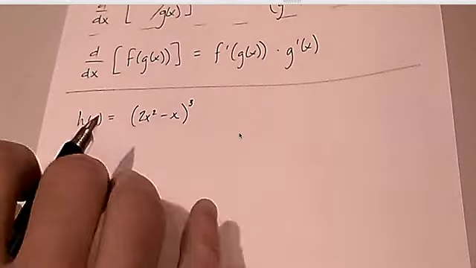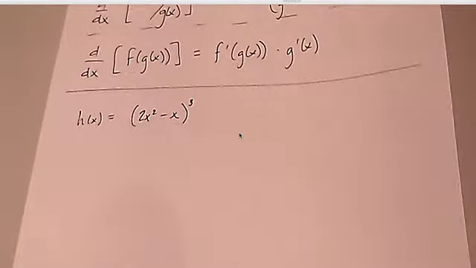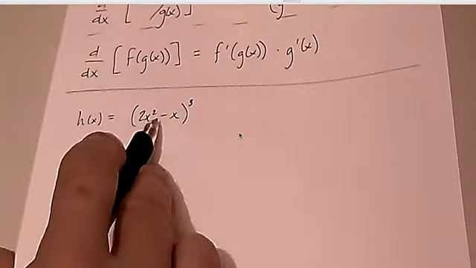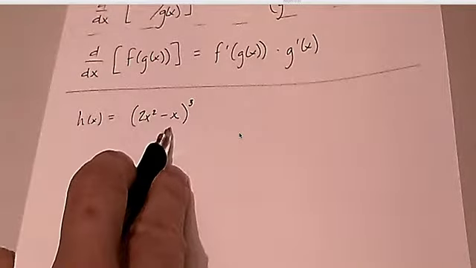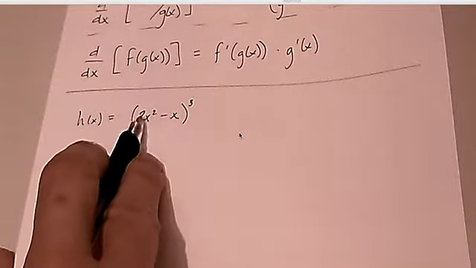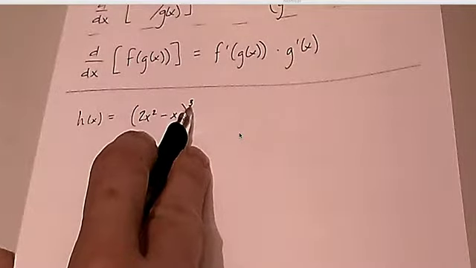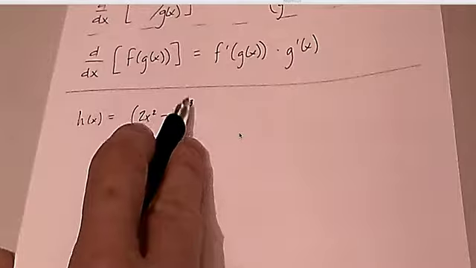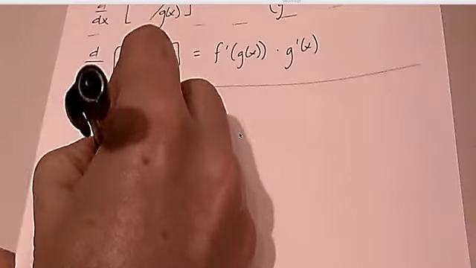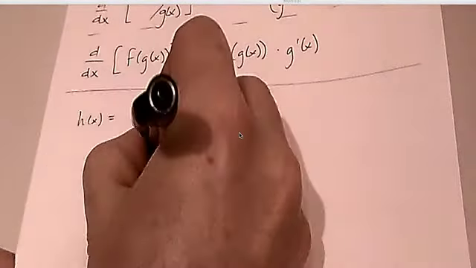When you're talking about the most outside thing, we're really talking about the last thing that is accomplished according to order of operations. So if you were to actually plug a number in for x, you would do all of this stuff inside the parentheses, exponent, multiplication, subtraction, and then the very last thing that you would do is you would cube it. So that tells you the outside most thing, and that is your f, of course.